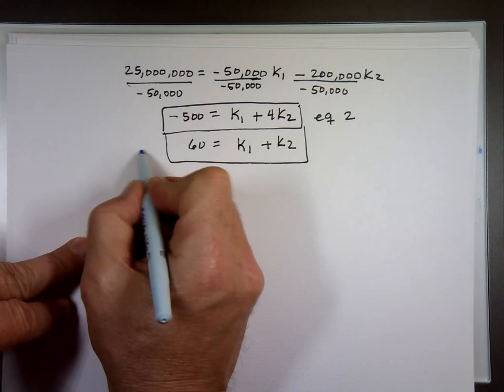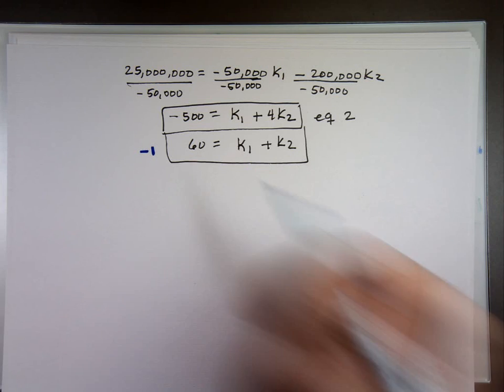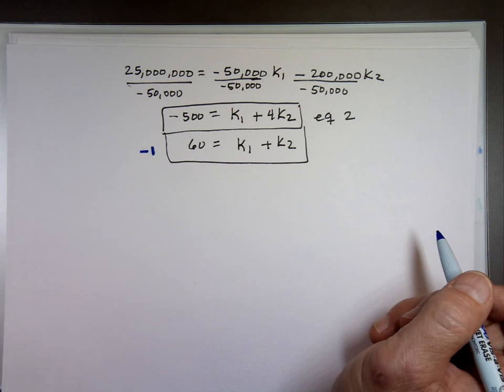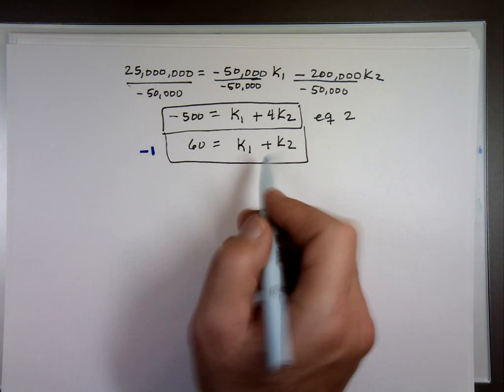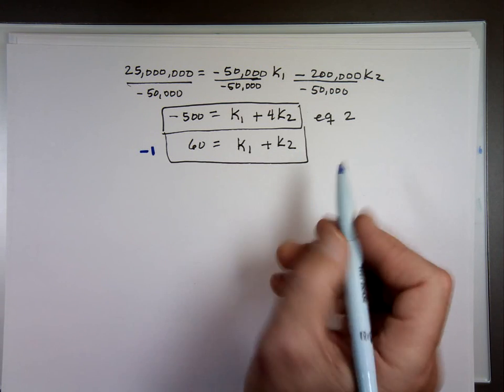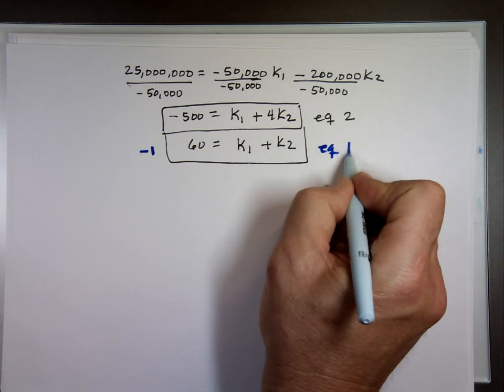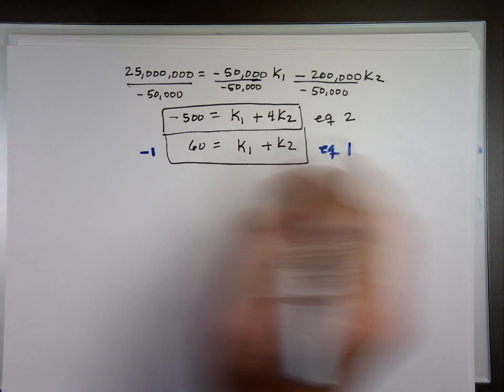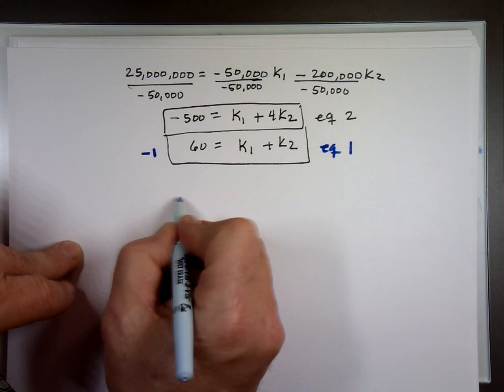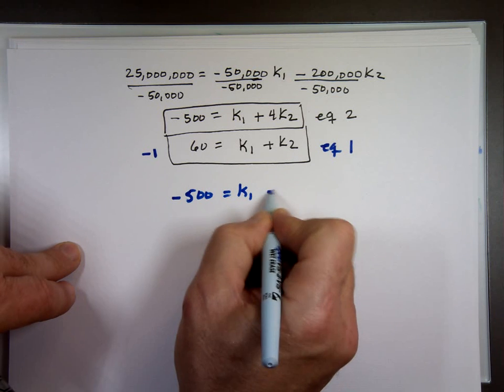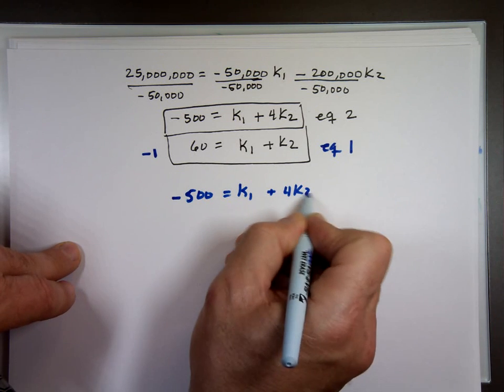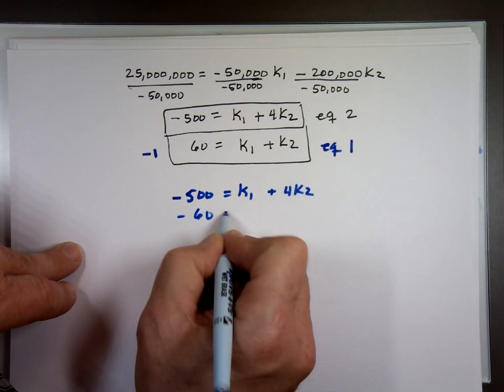The top one stays: negative 500 equals K1 plus 4K2. Negative 60 equals negative K1 minus K2.